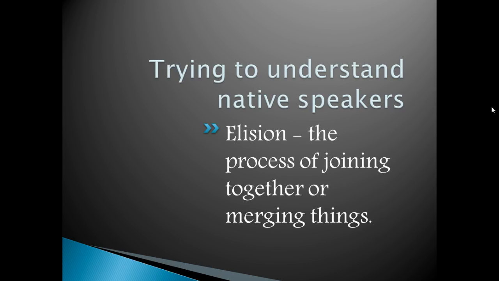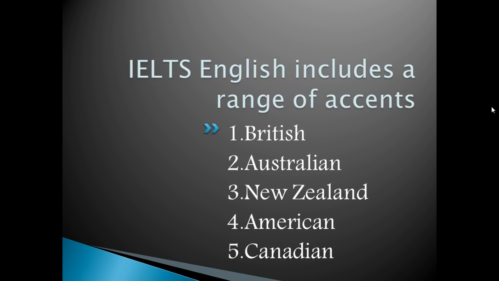So what they do is they follow the process of elision. What is elision? Haven't heard of it anywhere before? Let's talk about it now. Today's presentation will be more about elision. Okay, there is ample content which will be required to make you understand the different accents that are being incorporated in IELTS listening, wherein I talked about all the 5 different accents, which are British, Australian, New Zealand, American and Canadian.